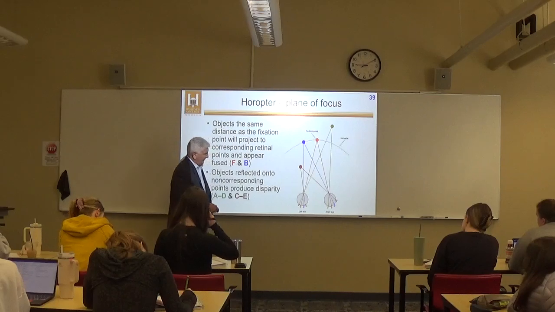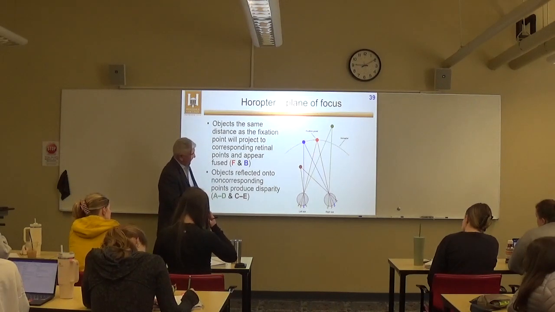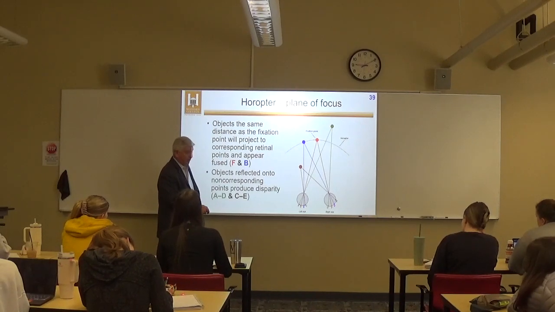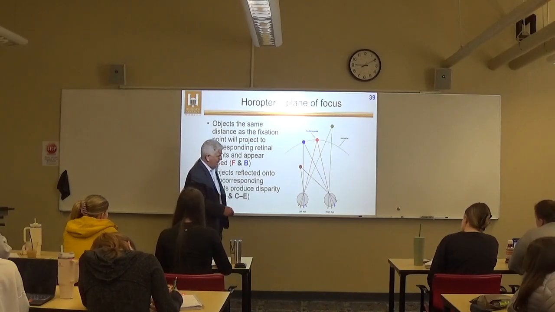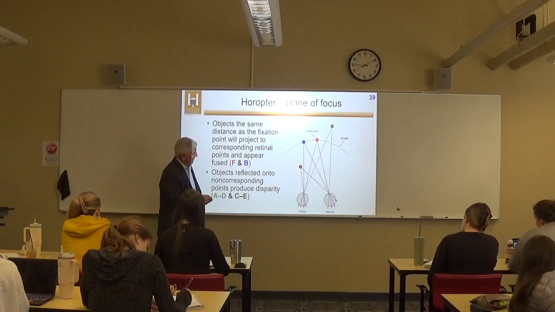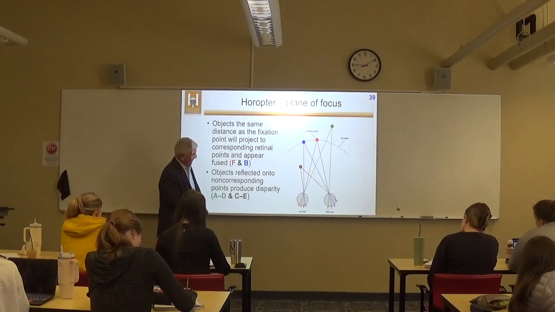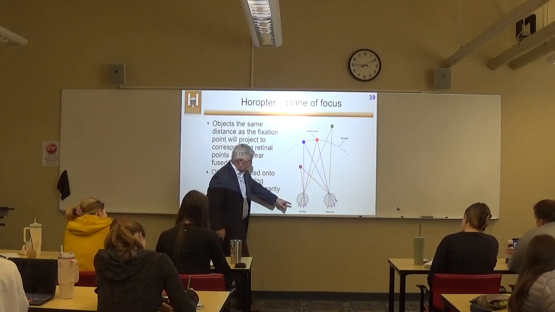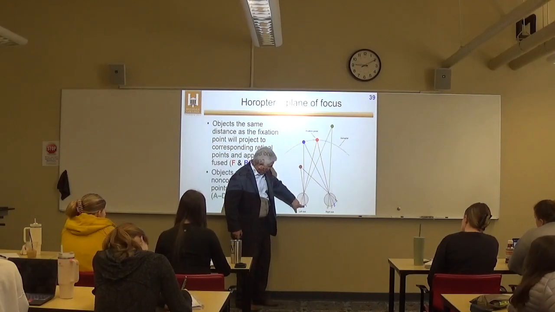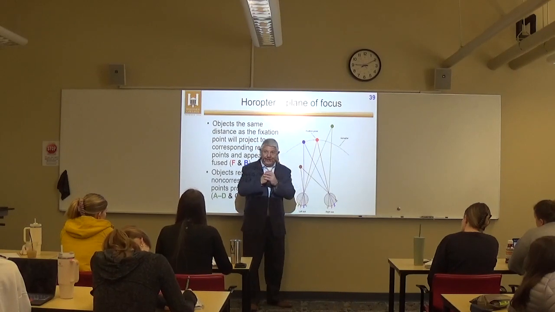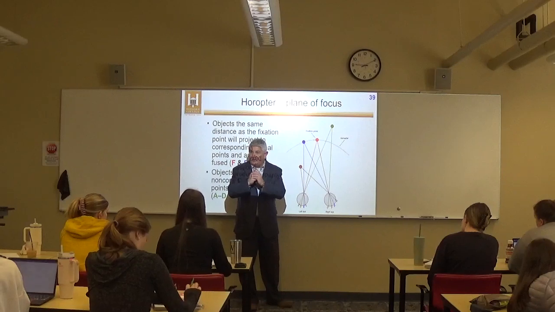We're going to say that the blue dot is falling on point B in the left eye, and it's falling on B prime, the corresponding retinal point over here. So these are all called prime letters, these are all regular letters, right? And the red is falling on F and F prime. We see those as one image because this place in the left eye meets up with this place in the right eye in our LGN. That's how they come together.